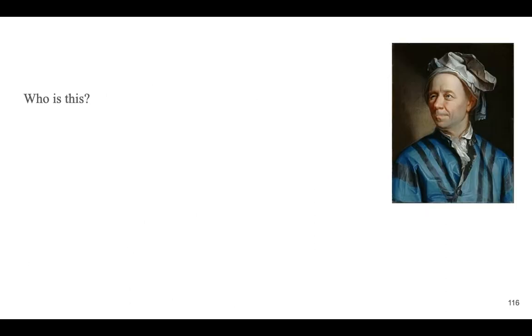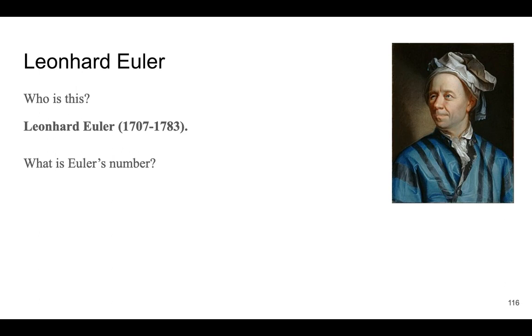So, who is this guy? Math fans, you should know this person's name. This is Leonhard Euler. I used to think it was Euler, but it's not. It's definitely Euler. Very famous, extremely prolific Swiss mathematician. This guy wrote encyclopedias' worth of mathematical papers.